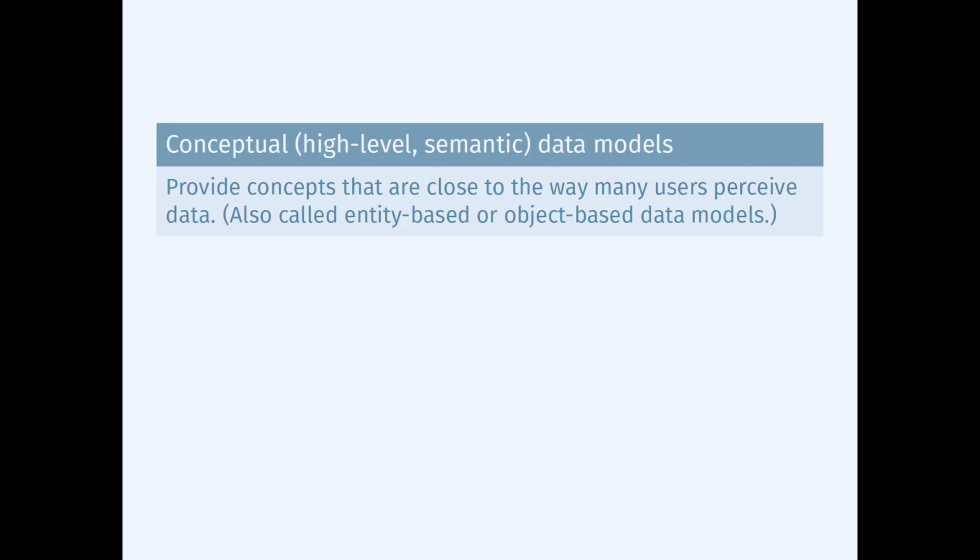So these are the three different models. Usually we start with the conceptual, high-level data model, which is how many users will look at the data. I hope you might have already learned about entity relationship diagrams. This is something like entity based, or if you use an object-based data model, we will look at the problem as objects.